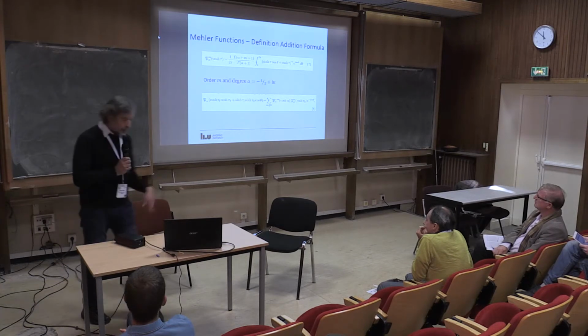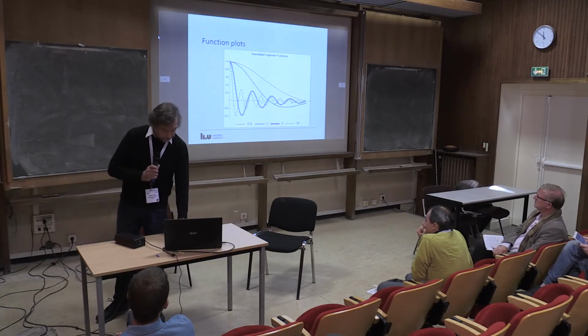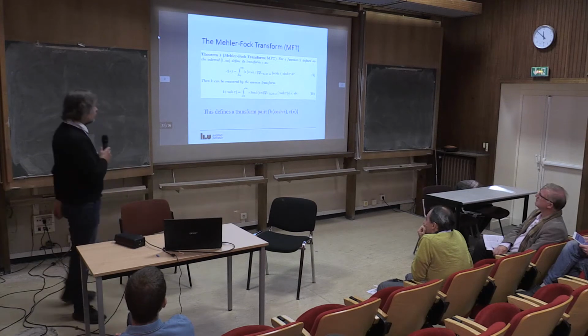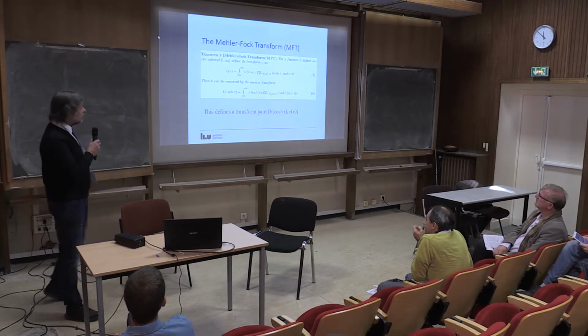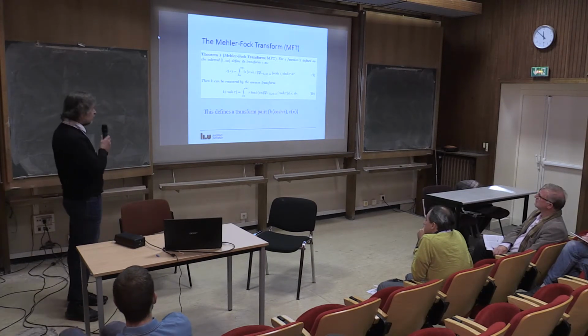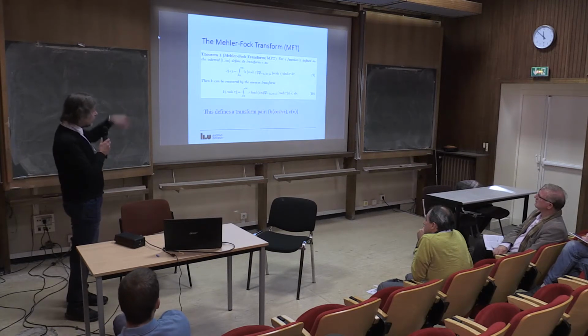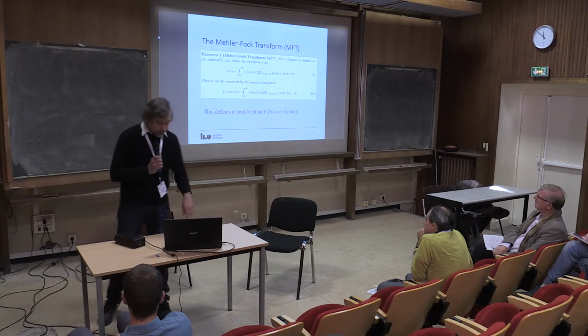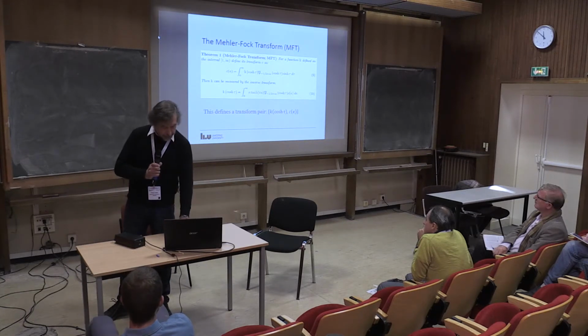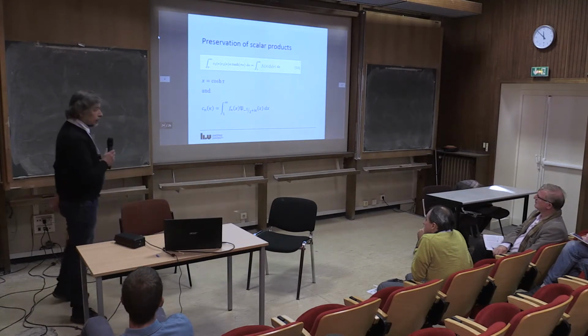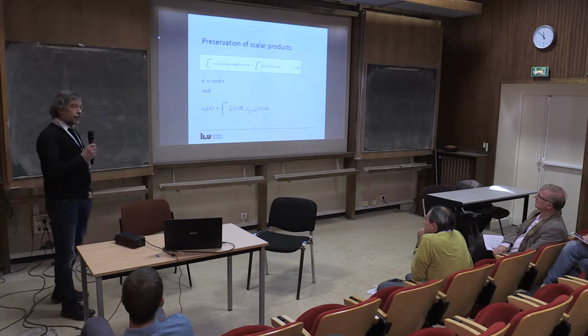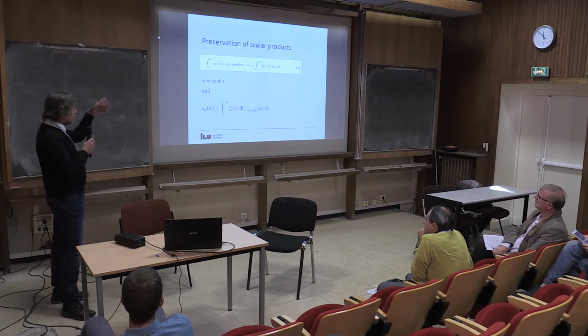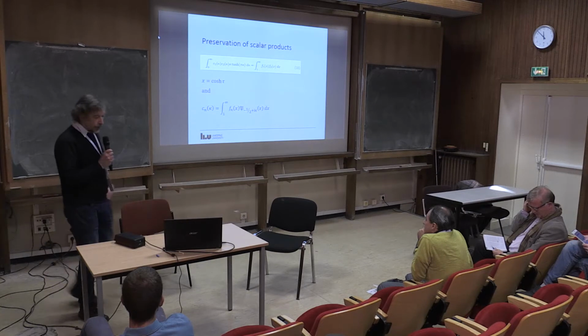So it becomes a little bit messy. And then the Mellin-Fock transform tells you that there is a pair between the original function k and the transform, and then you can have an inverse transform in the right coordinate system. And you have the same types of theorems as in the Fourier transform, that they preserve scalar products, for example.